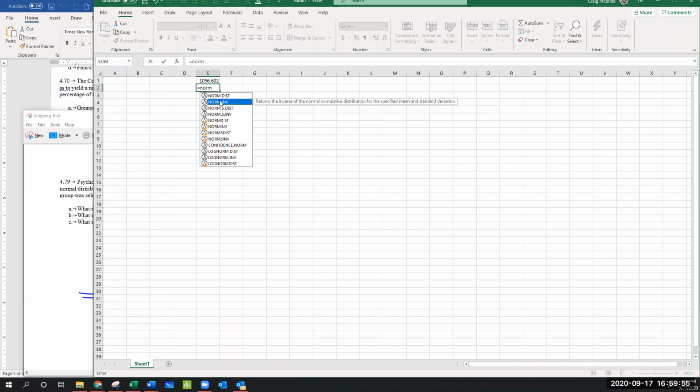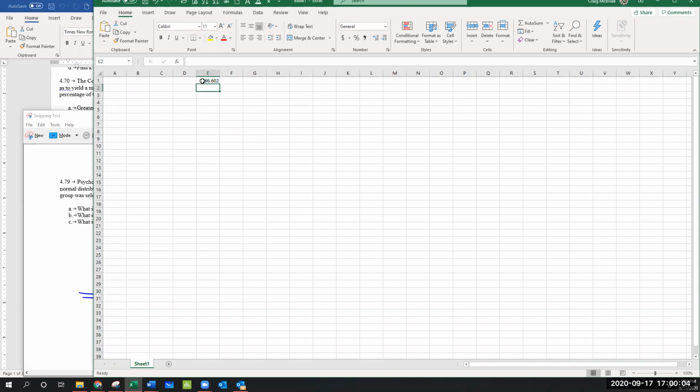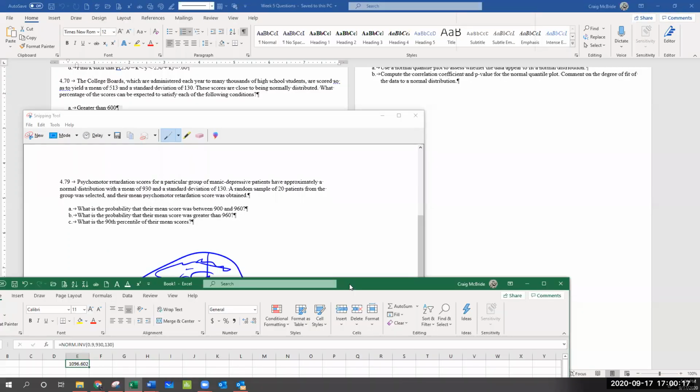It's got to be this one: returns the inverse of the normal cumulative distribution for the specified mean and standard deviation. So we're using the right function. Did I put something in wrong? 90%, 930, and 130. I just used norm.inv with 0.9, and I got 967.208.